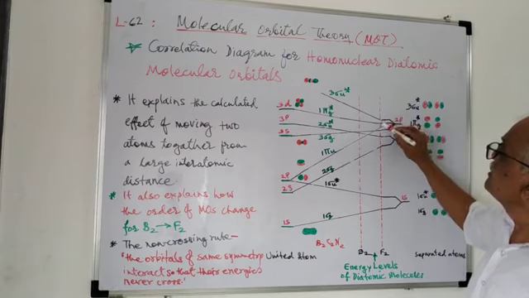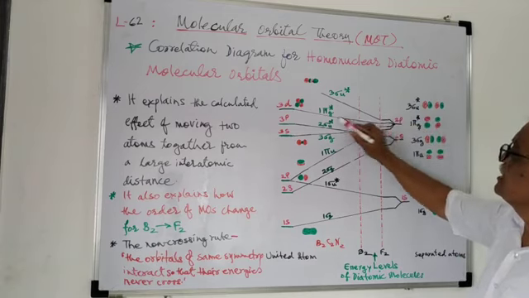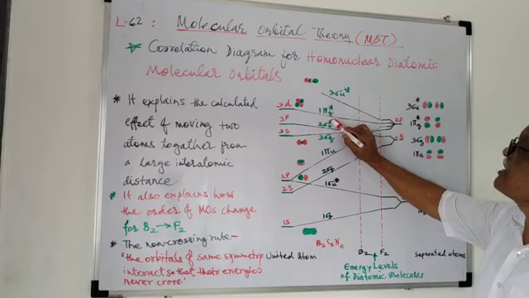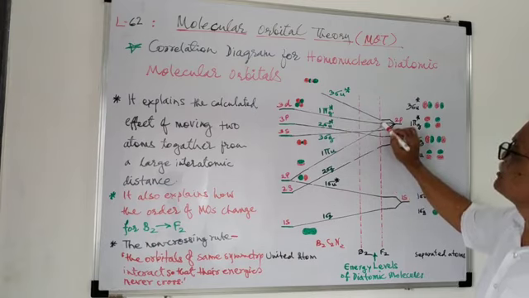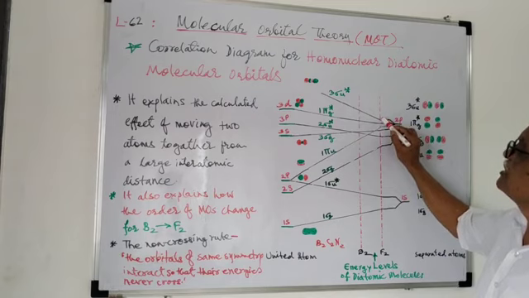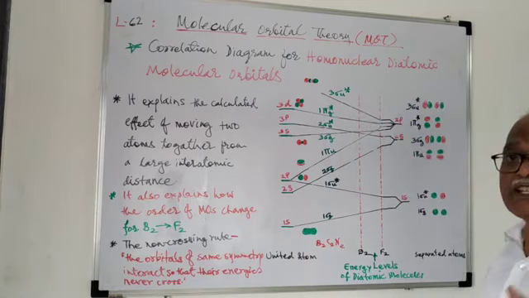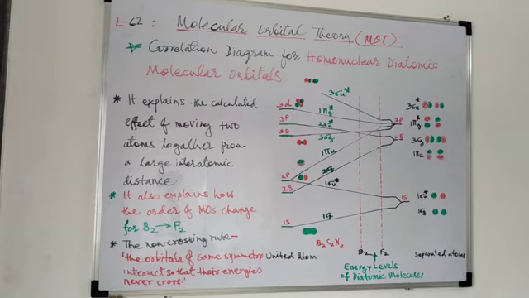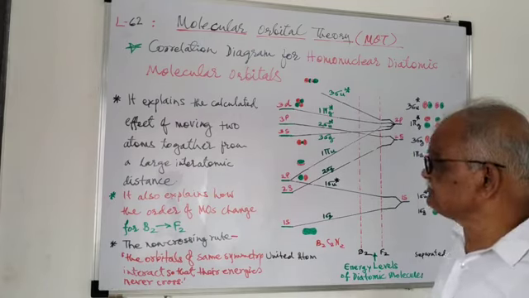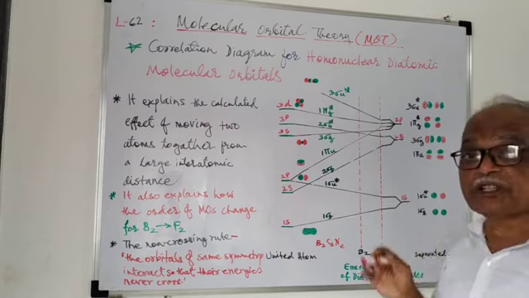Then the next molecular orbitals filled are the degenerate pi g star molecular orbitals, and again the electrons may go into the sigma u star molecular orbital. So this order of molecular orbitals is explained by this correlation diagram.